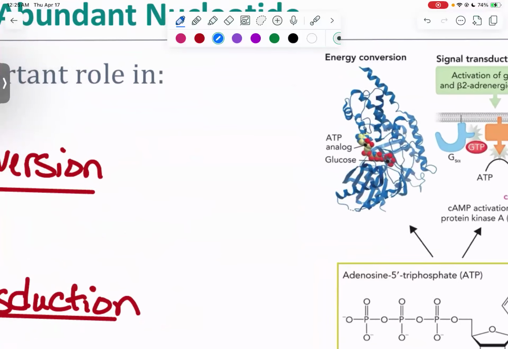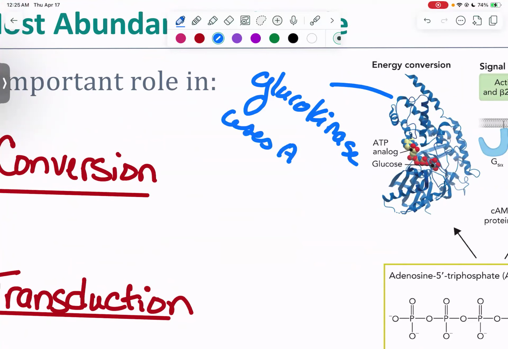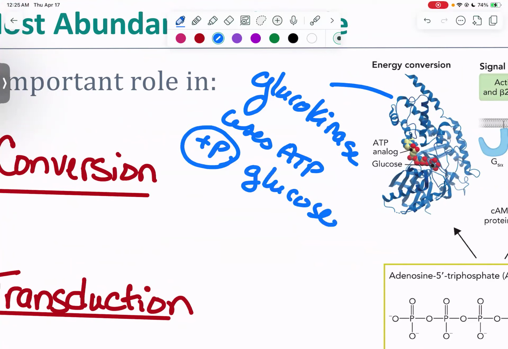So if you look at what they're showing you for energy conversion, what's happening? What enzyme is that? That's glucokinase. So what does glucokinase do? It uses ATP in order to phosphorylate, to add that phosphate group to glucose, to trap it in the cell.